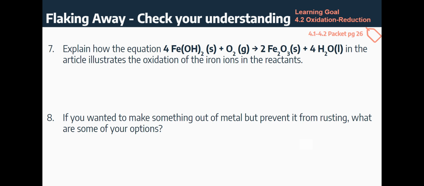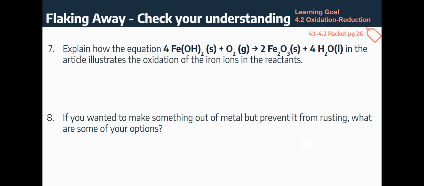Okay, question 7. How does the equation for iron hydroxide solid plus O2 gas yields 2 Fe2O3 plus 4 liquid water in the article illustrate oxidation of iron? So again, I identify oxidation numbers, see if oxidation numbers change to say if something's being oxidized or reduced, and if this is an oxidation reduction reaction.